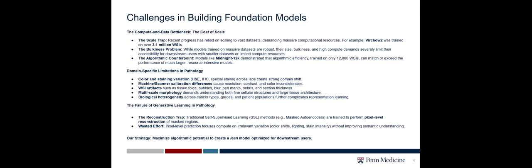Pathology also introduces unique hurdles: staining variation, scanner differences, artifacts, and the need to reason across many spatial scales. Generative methods that reconstruct pixels often miss the biology that matters. Our goal is to move beyond brute force scaling and reconstruction and instead build an efficient, practical model that real users can actually run.